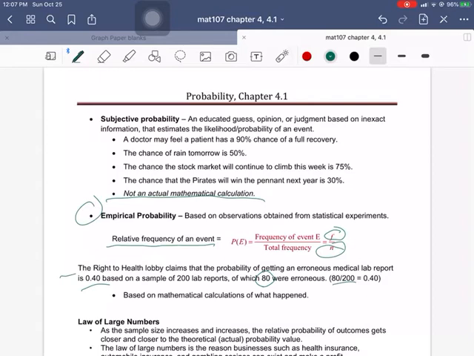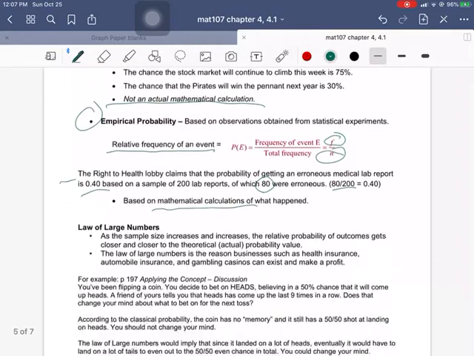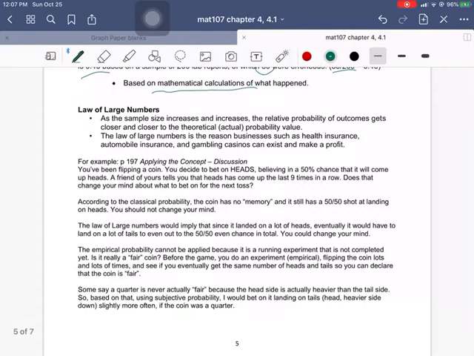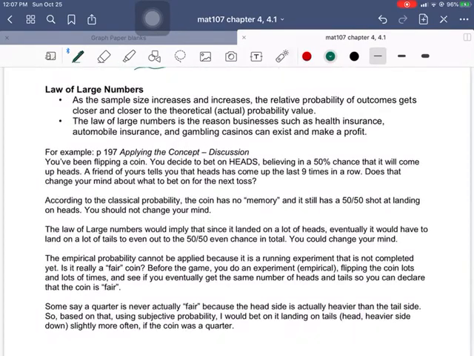So 80 out of 200 is 40%. These are mathematical calculations of what happened, so it's a little different than possible happenings. The law of large numbers says that as the sample size increases, the relative frequency of an outcome gets closer and closer to the theoretical probability.